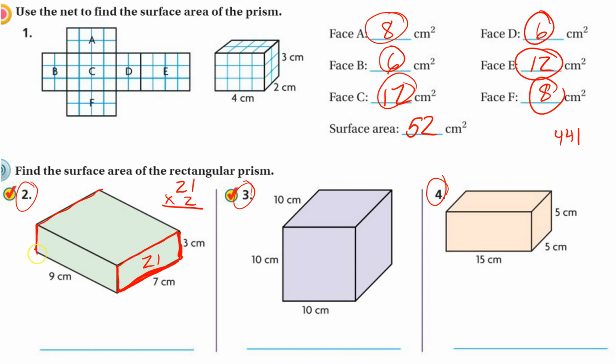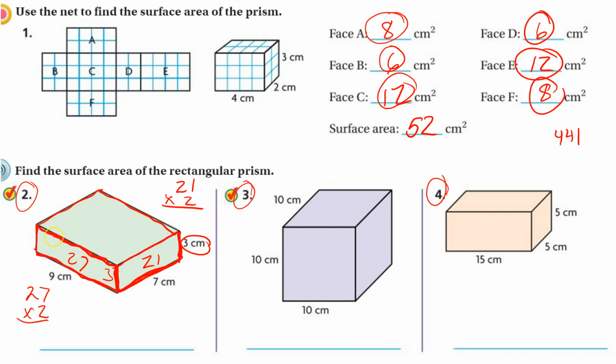Okay, next let's find the area of this left side that we see. So this line is 9, and this line we already knew was 3. 9 times 3 is 27. And this side, the left side, is going to be the same as the right side. So there's going to be 2 27s.